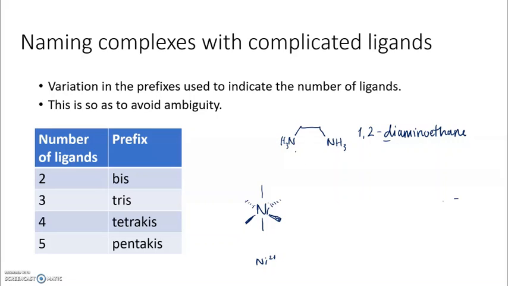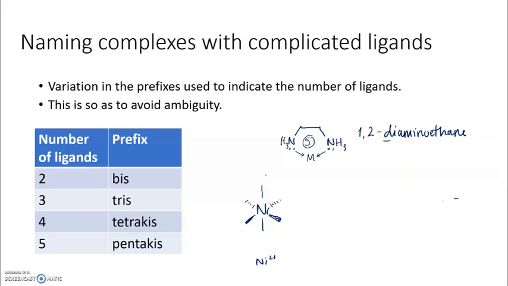And we know that this can act as a bidentate ligand because the nitrogens have lone pairs on them. They are separated by 2 carbon atoms. So if both of these were to form a dative bond at once to the same transition metal ion, we've got a 5-membered ring. So that is fine.